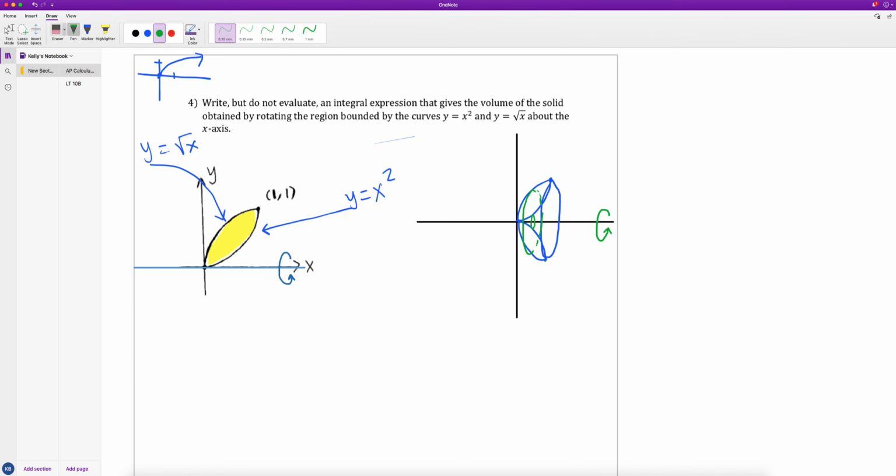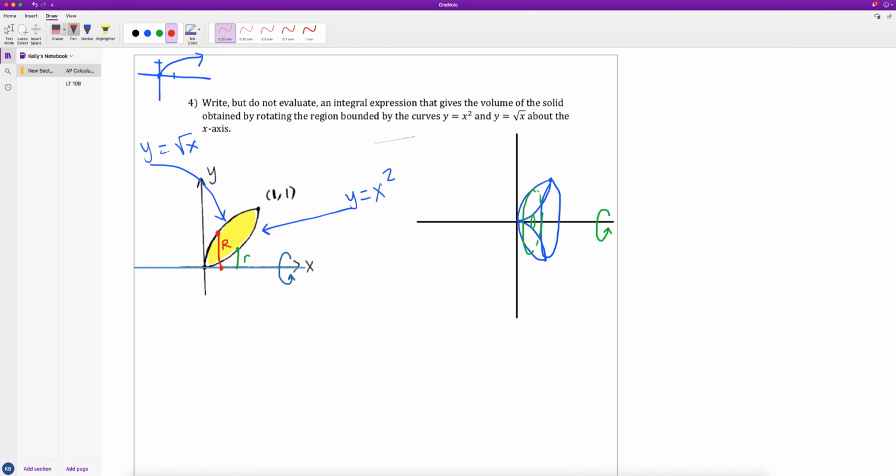Remember, I start at my axis of revolution, which is x equals 0, and I go towards the first curve. So there's my little baby radius. I'm going to call that lowercase r. To get my bigger radius, I go back to the axis of revolution, and I go past the first curve all the way up to the last curve, and I get my big radius right there.